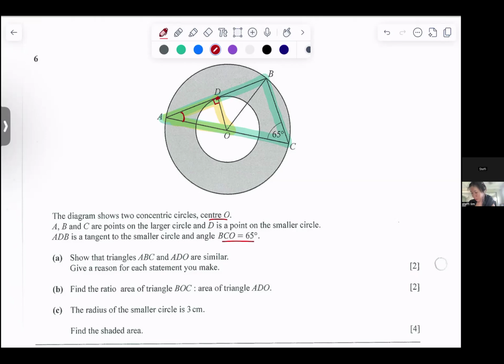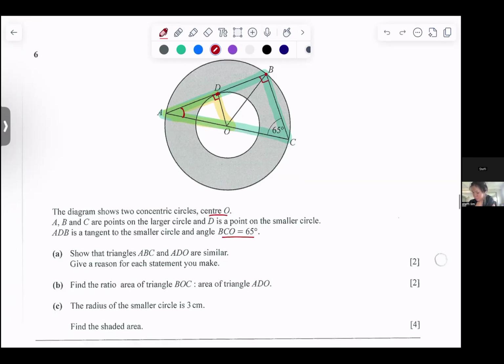And how about ABC? It's also a right angle triangle. Why? Because this point is touching the circumference of the circle. The base is the diameter.